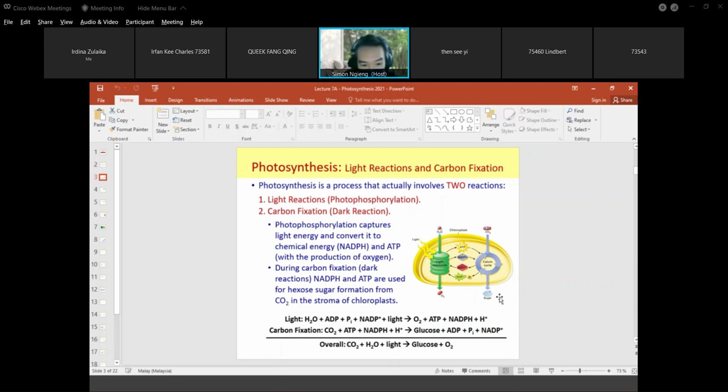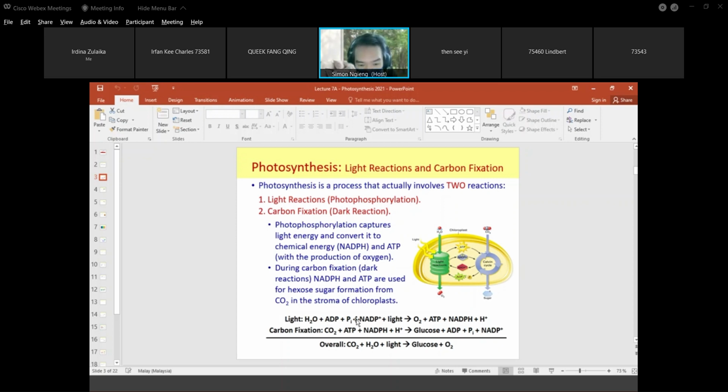Glucose is just one of them. After several modifications, you end up generating several other kinds of sugar. Plants normally accumulate sugar in the form of starch, which is what we have inside potatoes, rice, and many other starchy foods.